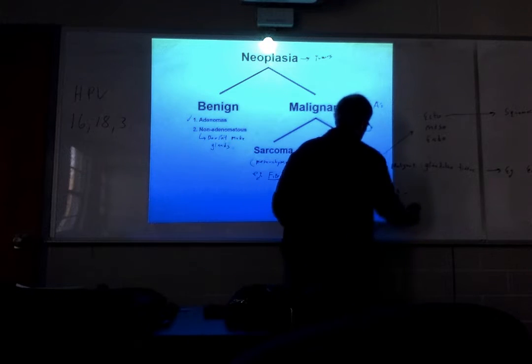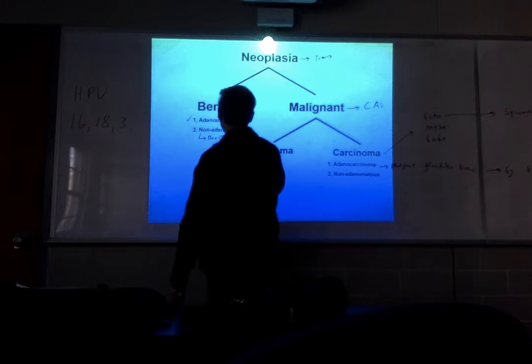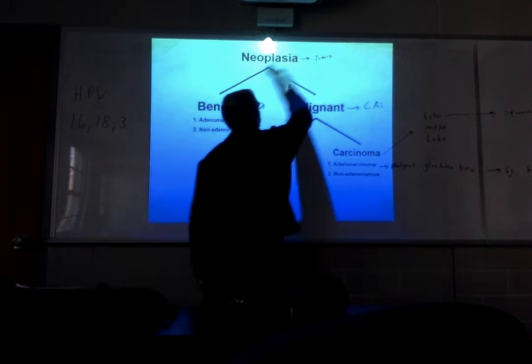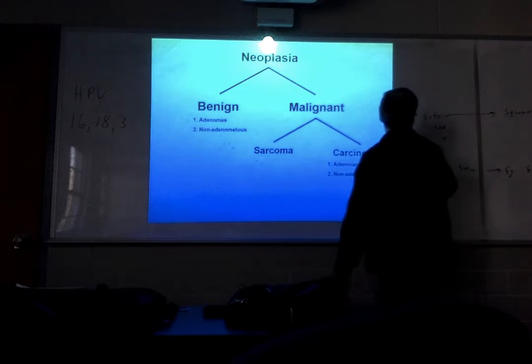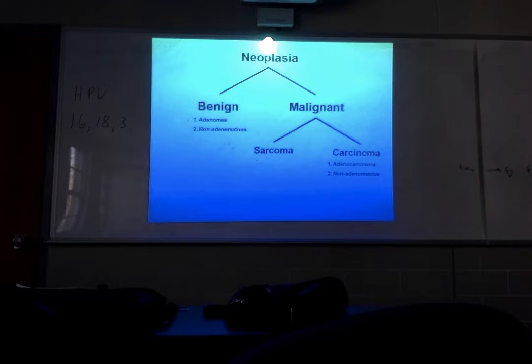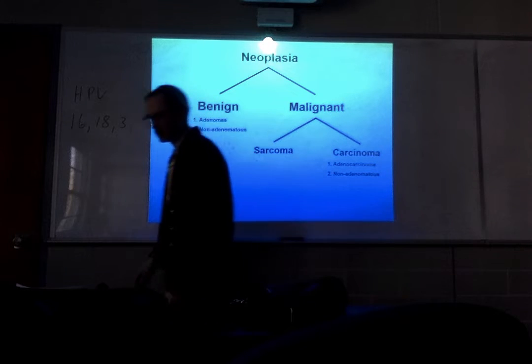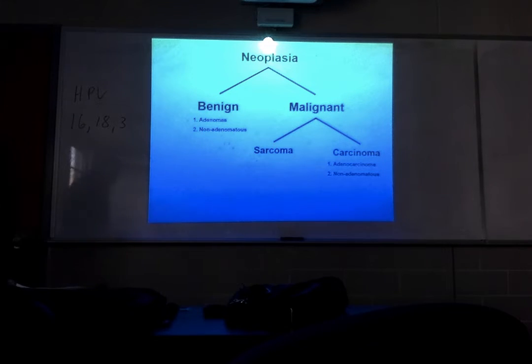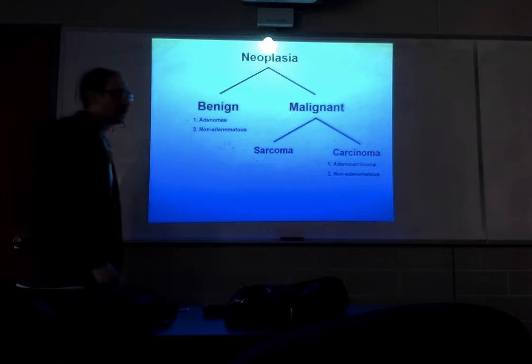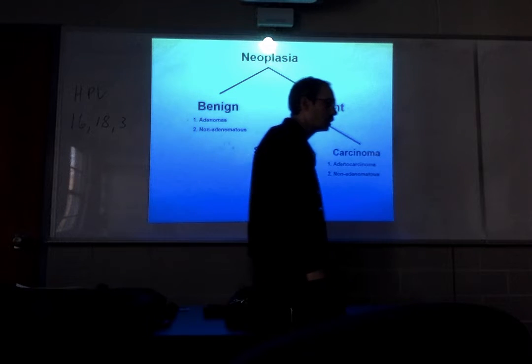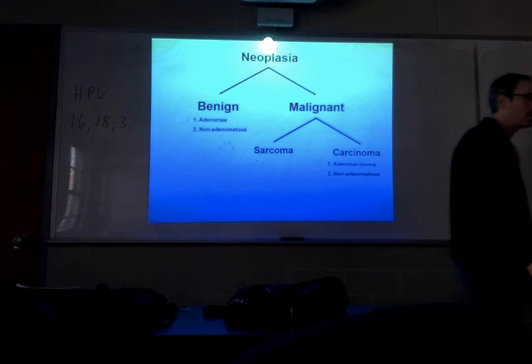All right, let's take a look at some malignant neoplasms. So we looked at benign neoplasms. Let's have a look at some malignant neoplasms and see what the difference between benign and malignant is. Let's first take a look at an example of a malignant proliferation of fibroblasts. And we said, when we name a malignancy, we consider the cell of origin. Is it a carcinoma or is it a sarcoma?